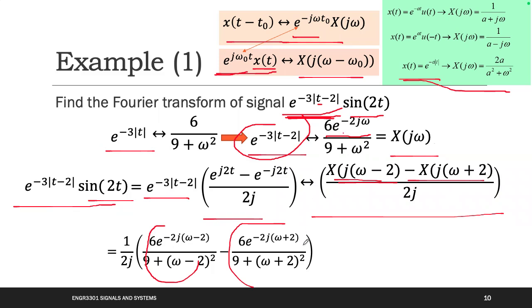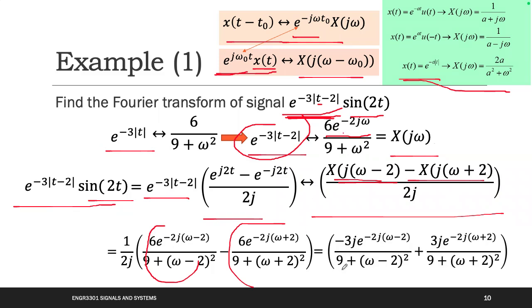Then try to simplify that, and you will get this one, because you just put 2j inside. Then you can get this one. That makes sense to you? Okay, any question?